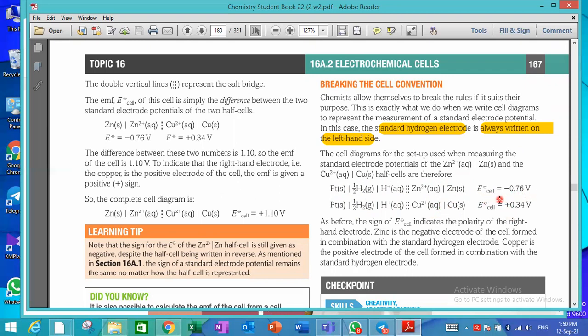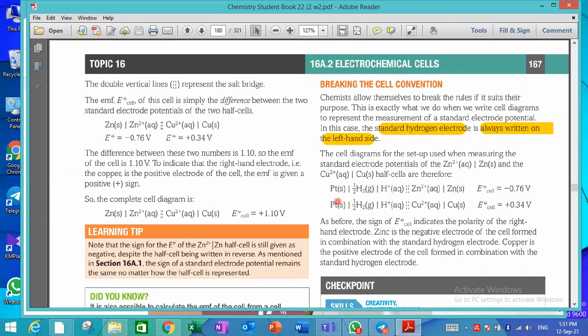We do not mind the positive and negative here because we are writing cell notations for measuring the standard electrode potentials of any half cell. We usually put the standard hydrogen electrode first, and then the other half cell.